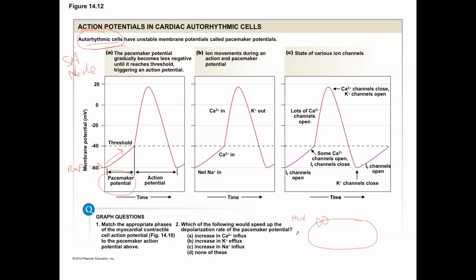These are specific types of channels that are open at resting membrane potential, this negative 60 millivolts, and they allow sodium and potassium to move through the channel. So we have an influx of sodium and an efflux of potassium through these channels. They're affected by the hyperpolarization that happens when you repolarize cells.